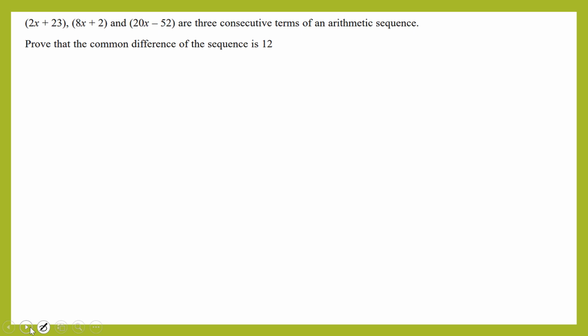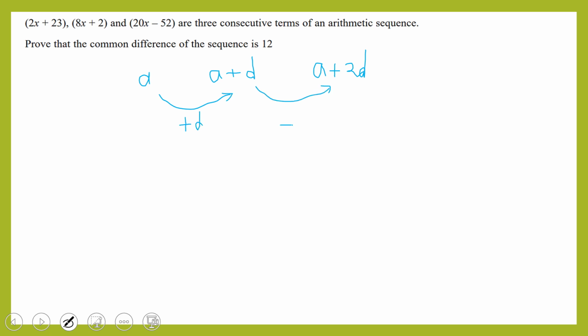So since these are consecutive terms of an arithmetic sequence, they come after each other. So this one is like a, then a plus d, then a plus 2d. Every time, it increases by d, and then it increases by d again.